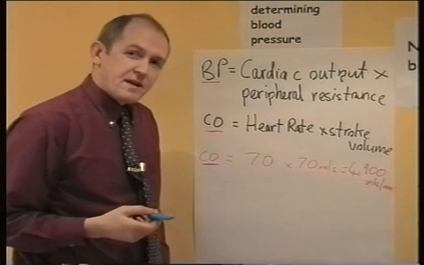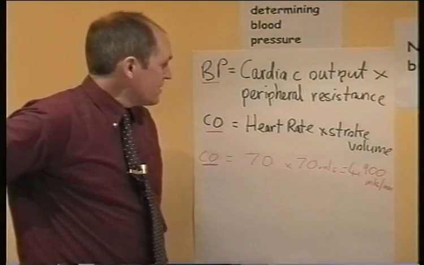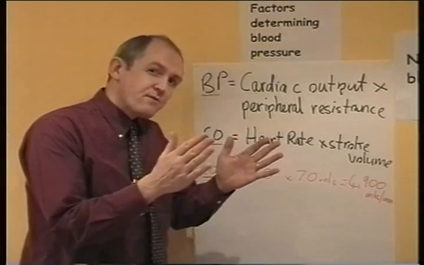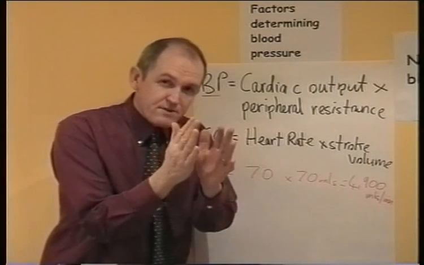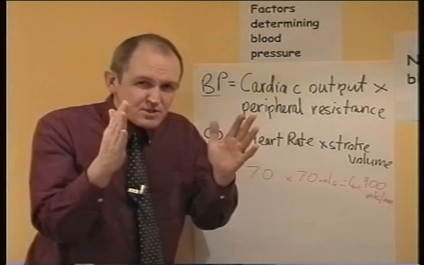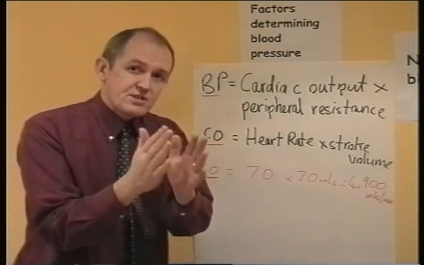But the other main thing affecting blood pressure is the peripheral resistance. If the peripheral resistance increases because there's a peripheral vasoconstriction, because the blood vessels get smaller, then the blood pressure will go up. Because when the arterial vessels get smaller, the peripheral resistance will increase.